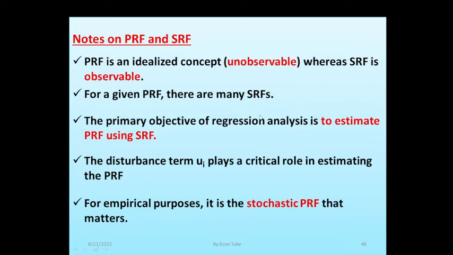The primary objective of regression analysis is to estimate the population regression function by using the sample regression function. The disturbance term ui plays a critical role in estimating the population regression function. For empirical purposes, it is the stochastic population regression function that matters.